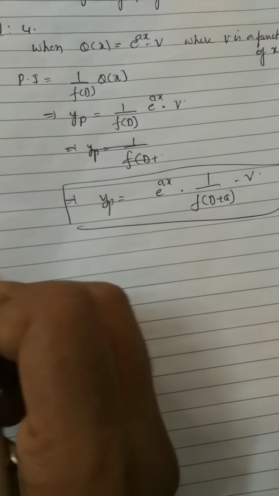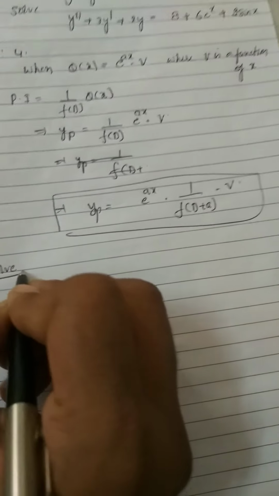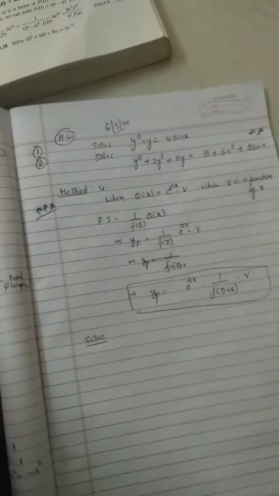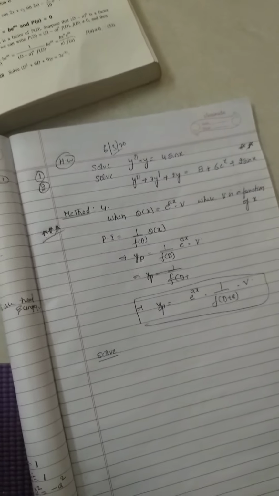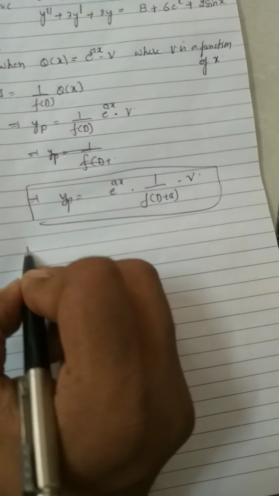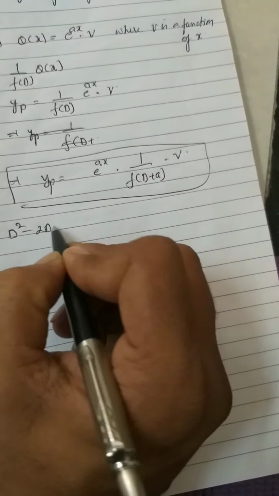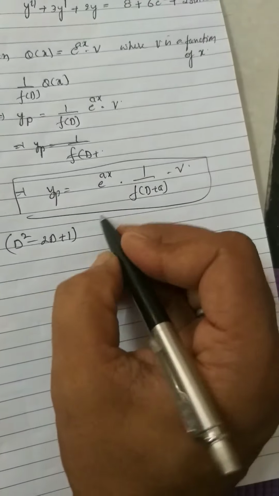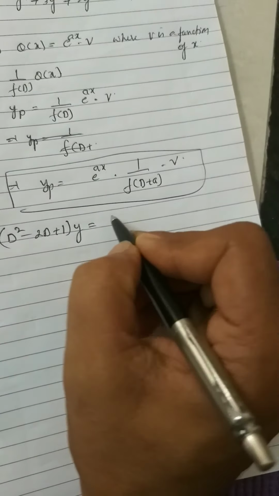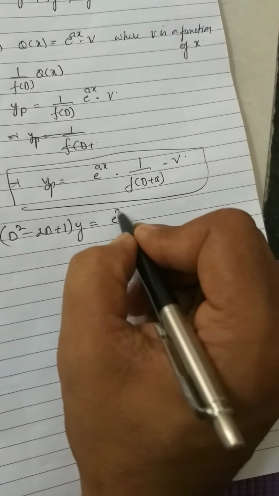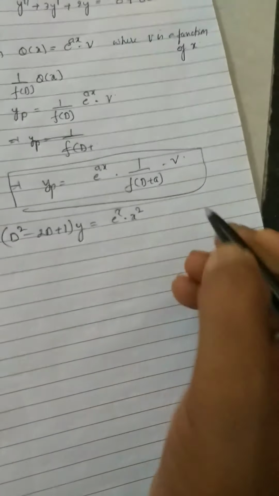Now, we'll see one example. Solve D square minus 2D plus 1 into y is equal to e power x into x square.